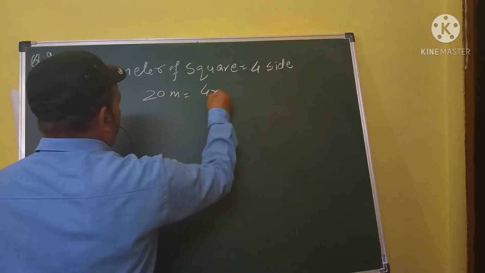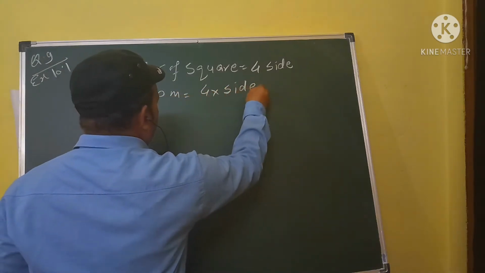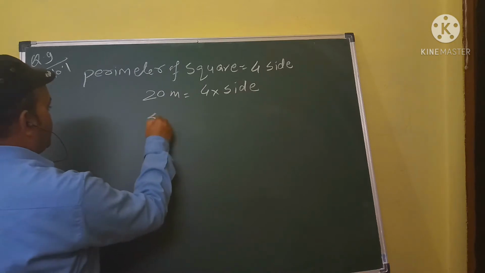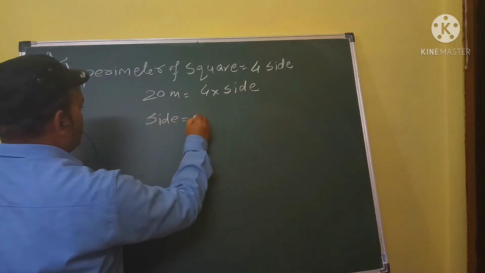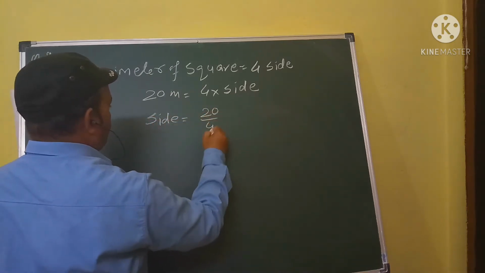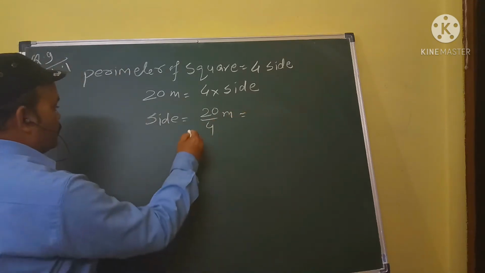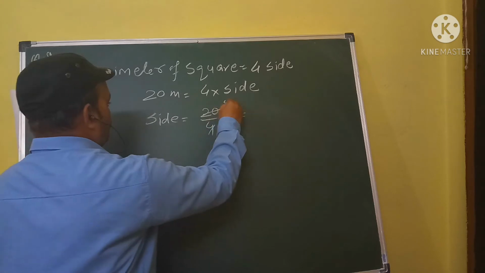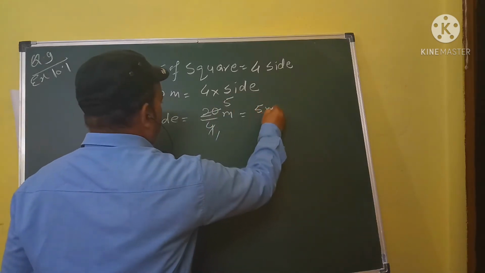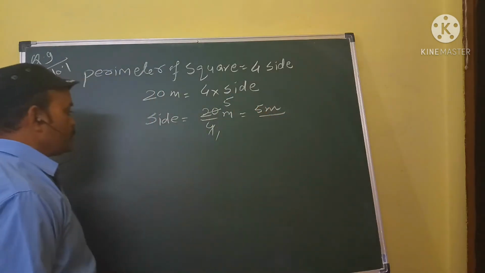So 20 meter is equal to 4 into side, and side will be 20 upon 4 meter. 20 upon 4 gives you 5, since 4 fives are 20. This is 5 meter.